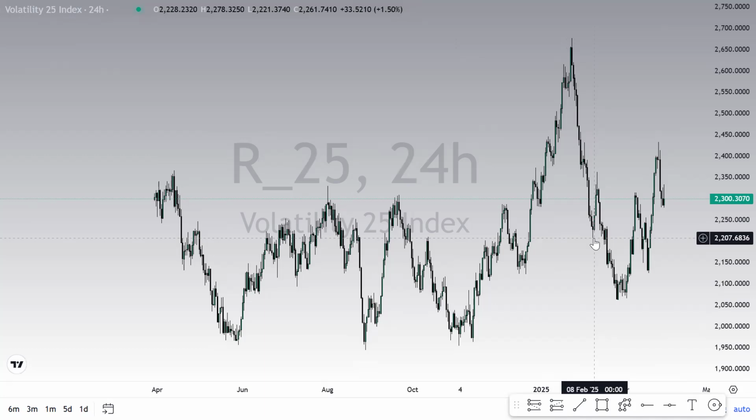Of course, I want to see where exactly market is coming from and where exactly market is going to. So I'm going to mark out my last break of structure. I would first identify my last break of structure on the 24 hours time frame. If you can use your weekly time frame, or your monthly time frame, it's really amazing.